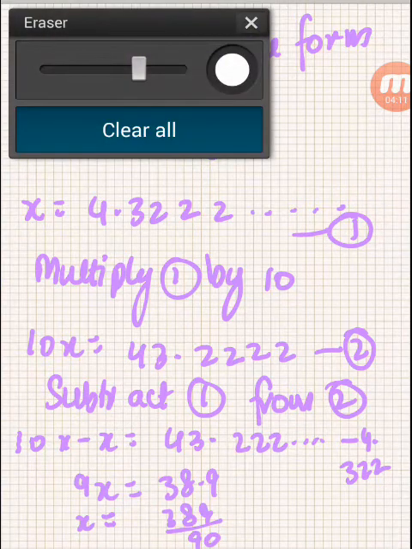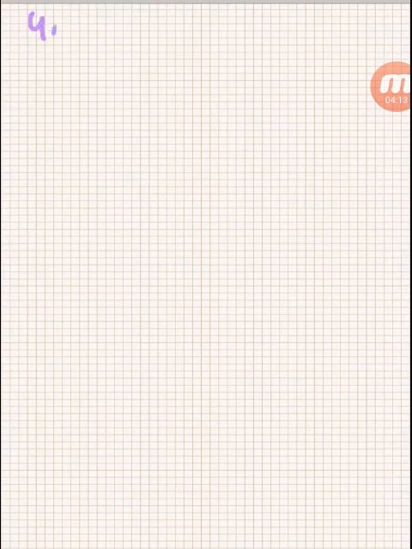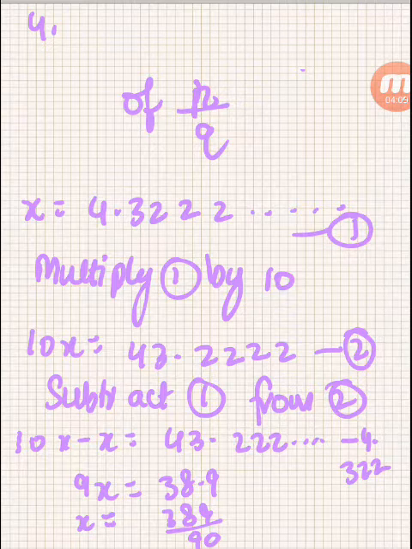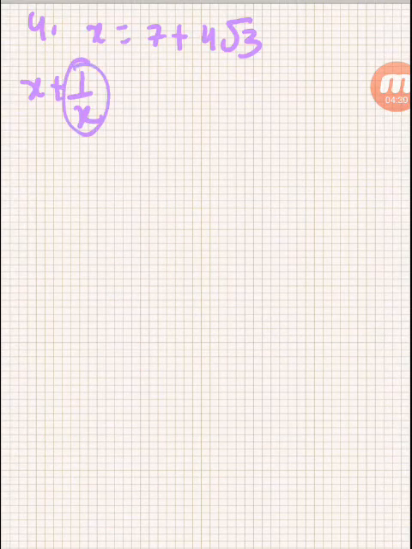Now let's move to question 4. So in question 4, we are given that x is equal to 7 plus 4 root 3, and we have to find x plus 1 by x. So it's a normal question. We have done it in a simple chapter also. So first of all, we'll find the value of 1 by x.